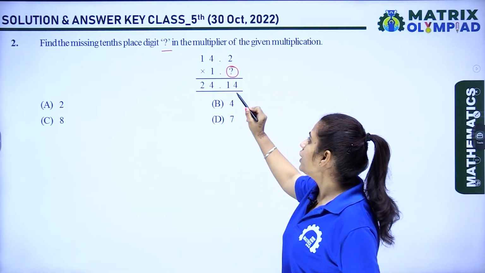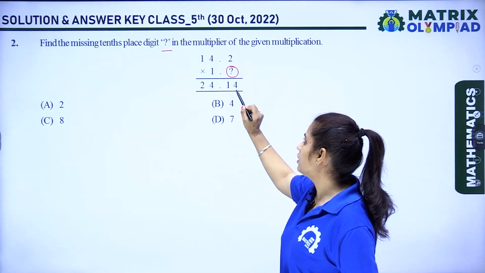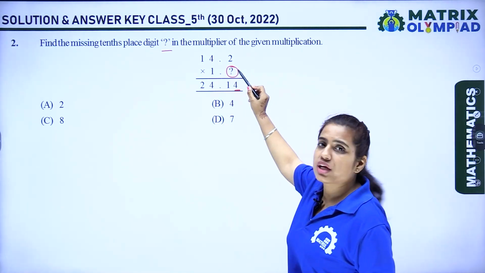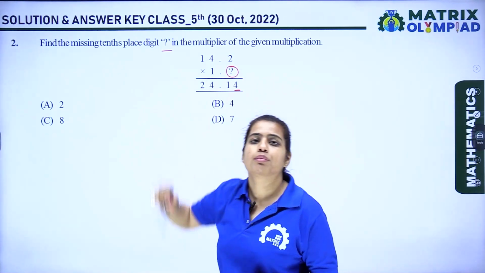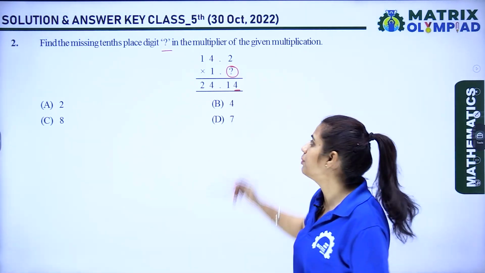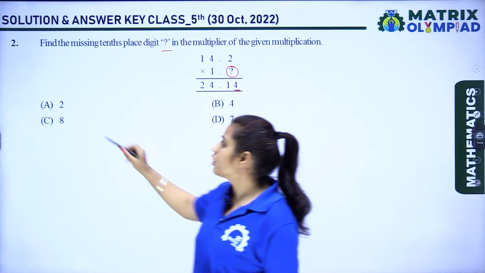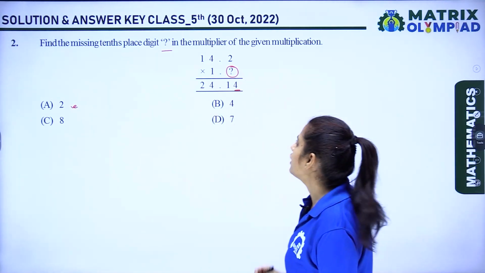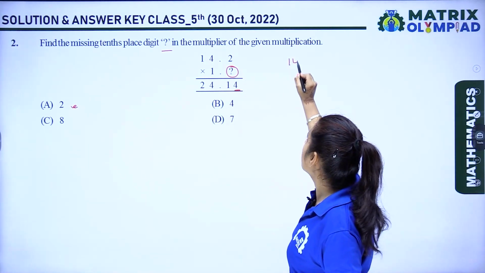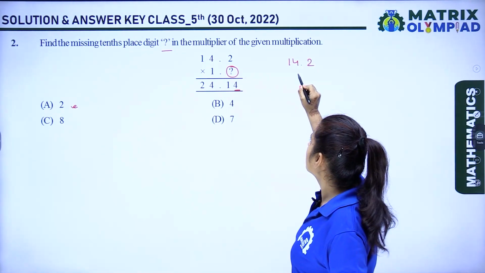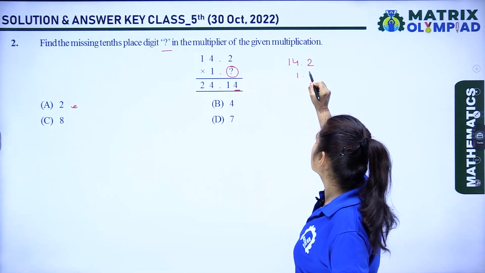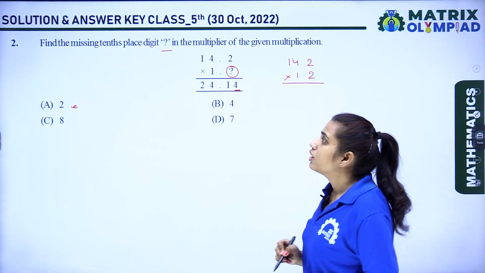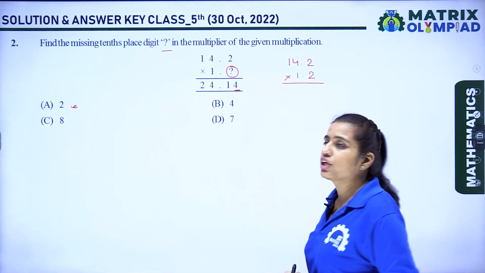So we are going to take a clue from this last unit place by which number we have to multiply by 2 so that the product will be 4. Now here we are going to first apply this option A here. Option A is 2. Now let's do the multiplication with putting the value in place of question mark 2. Now it is a two-step multiplication.